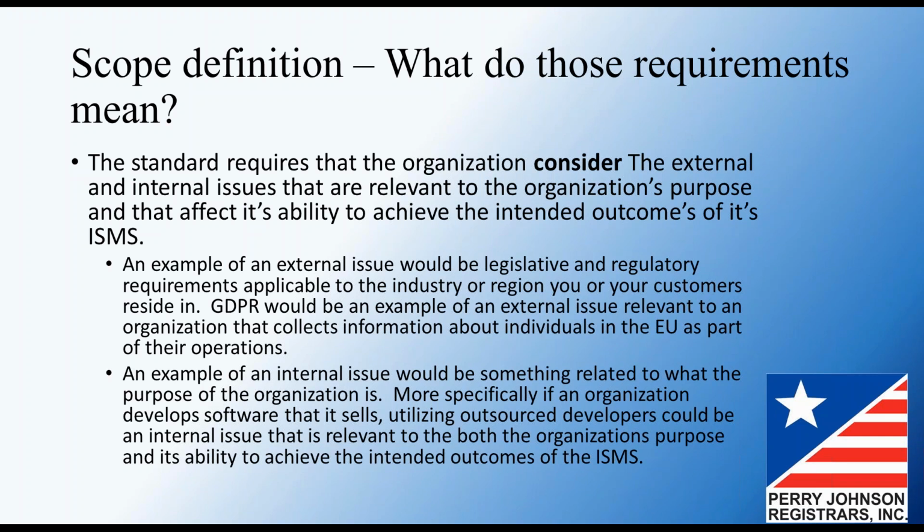Specifically, GDPR would be an example of an external issue relevant to an organization that collects information about individuals who live in the EU as part of their operations. An example of an internal issue would be something related to what the purpose of the organization is. More specifically, if an organization develops software that it sells, utilizing outsourced developers could be an internal issue that is relevant to both the organization's purpose and its ability to achieve the intended outcomes of the ISMS.